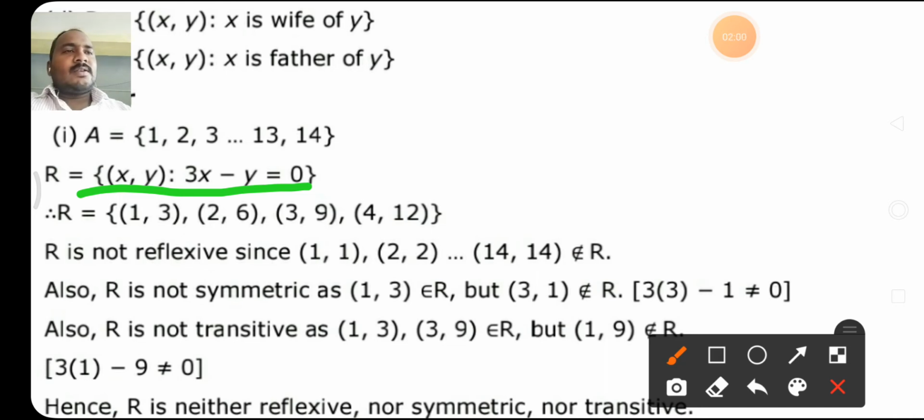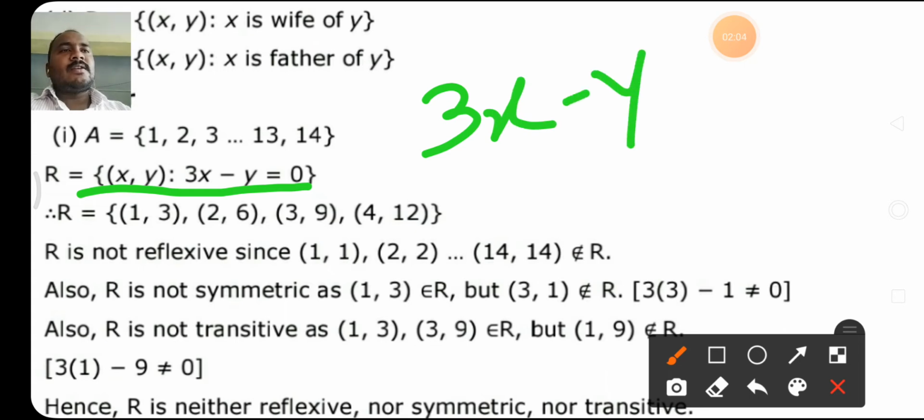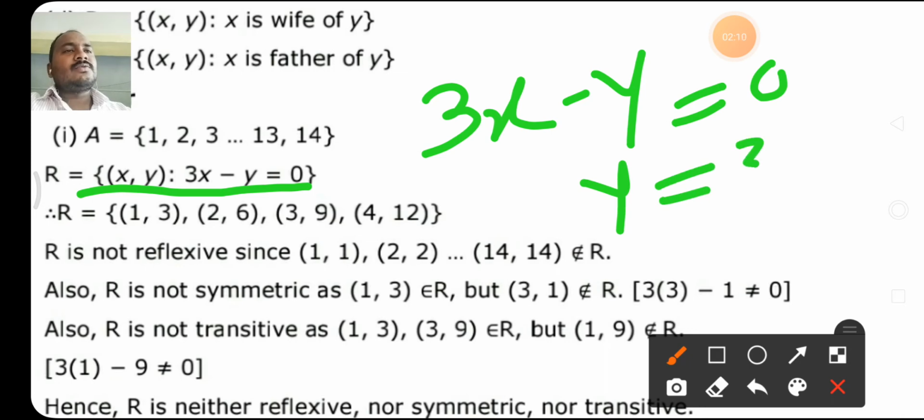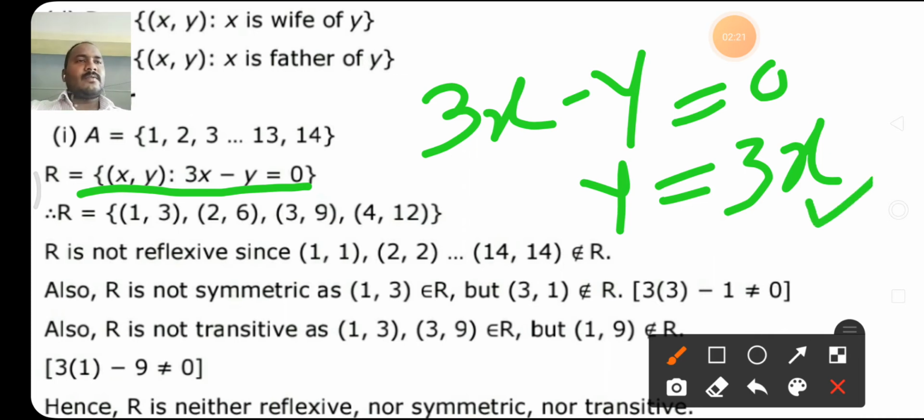Here 3x − y = 0 can be written in the form y = 3x. Put x = 1 from this set, then y = 3.